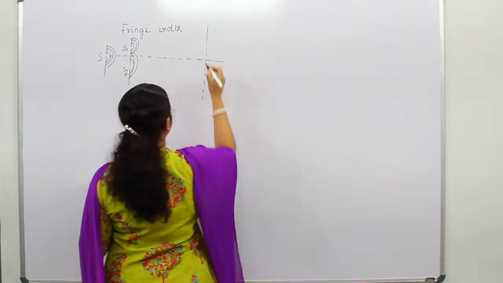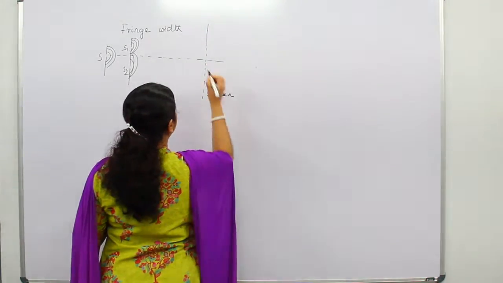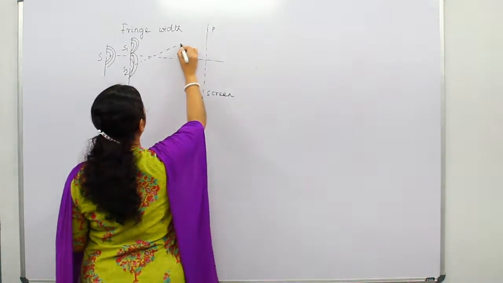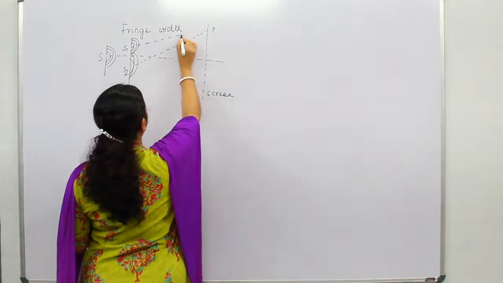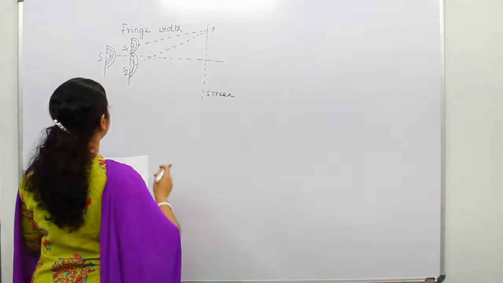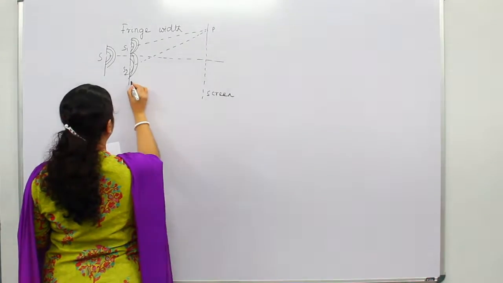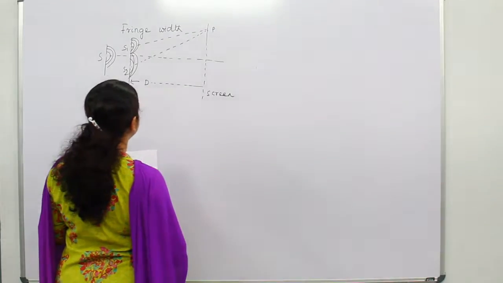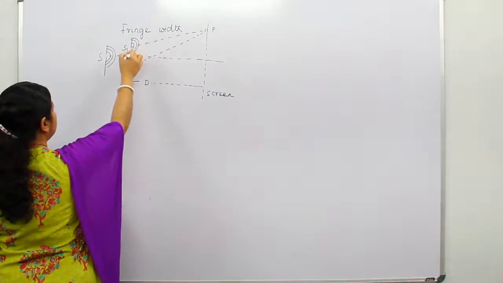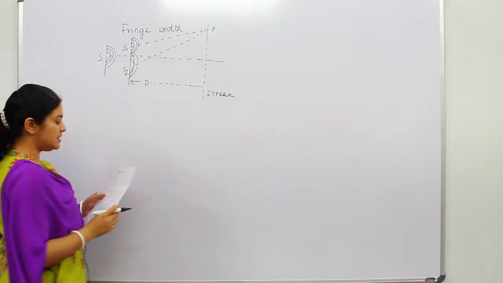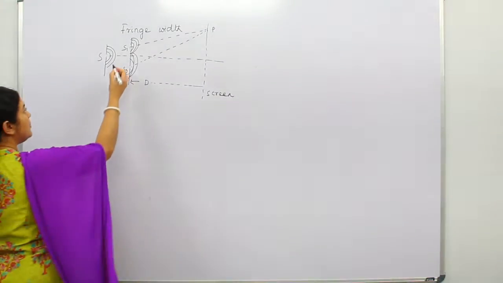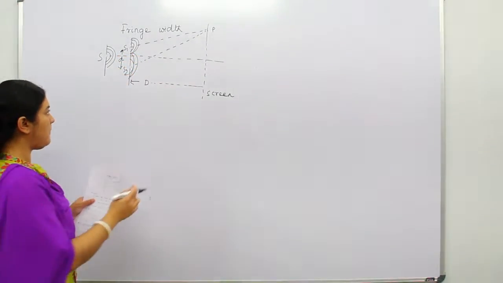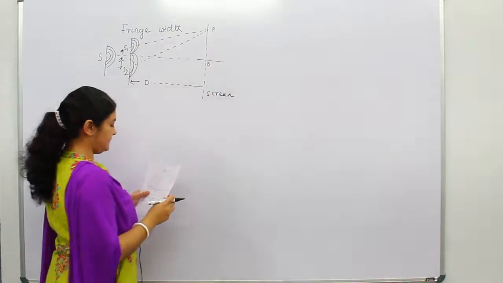Suppose P is a point on the screen, this is the screen. The distance between the virtual sources and the screen is D, and the distance between the two sources is small d. O is the origin.